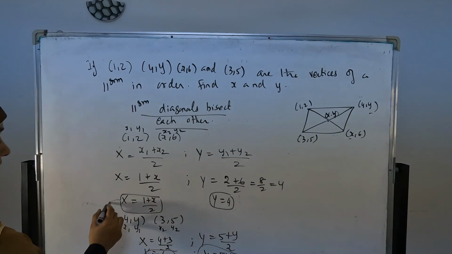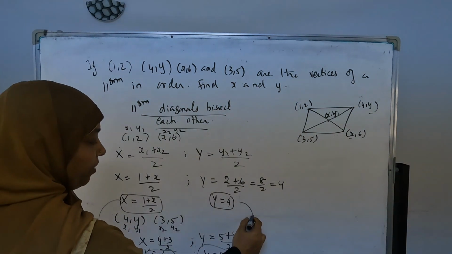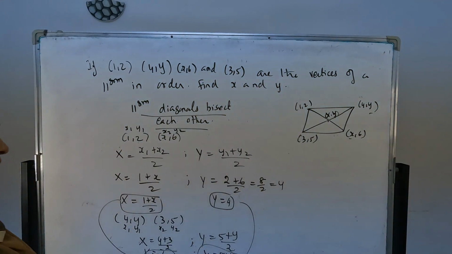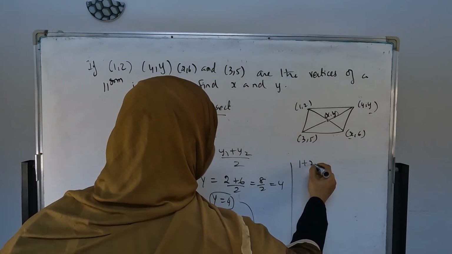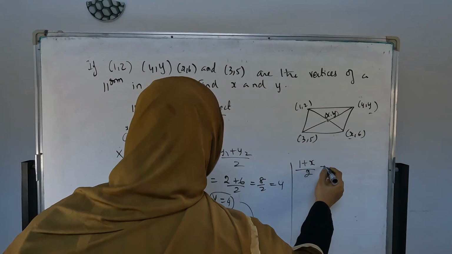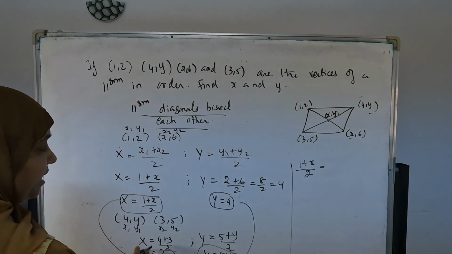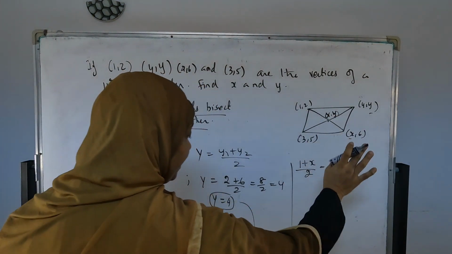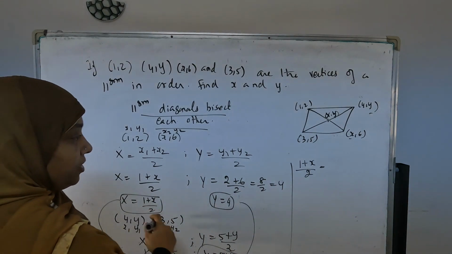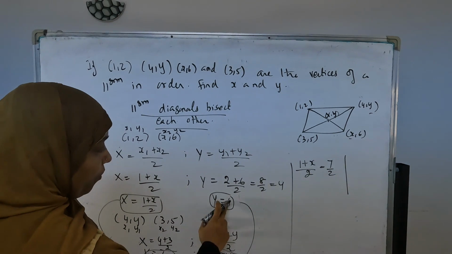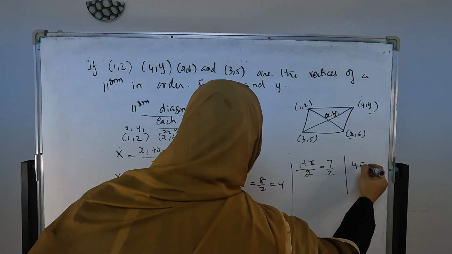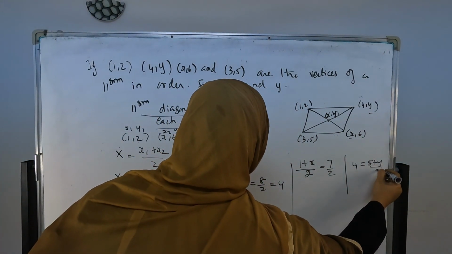Now what we will do is equate this x and x value, and this y and y value, then we will get the answer. So 1 plus x by 2 is equal to 7 by 2, because both of them are the same point only, so both are equal. Similarly for this side also, 4 equals 5 plus y by 2.